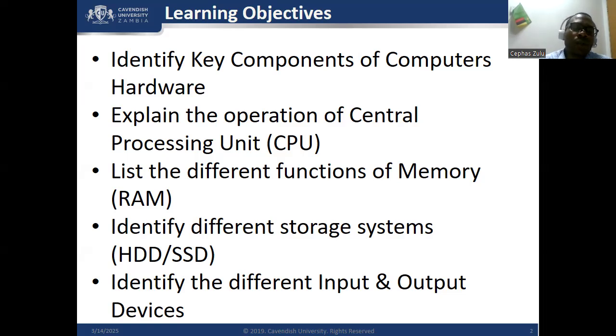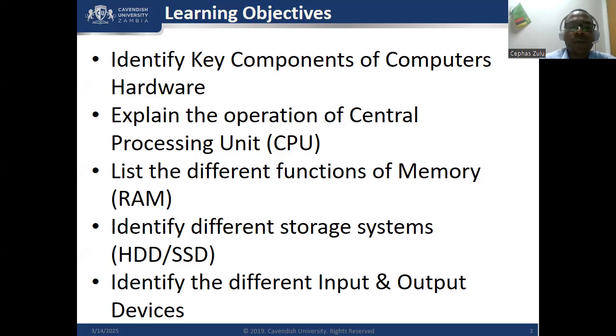So the range of storage devices that are used is hard disk drive, which is built on the principle of electromagnetic fields. And then there's solid state devices, which are built on the principles of presence and absence of power, where the presence represents a 1 and the absence represents a 0.